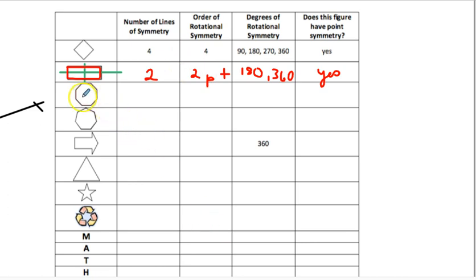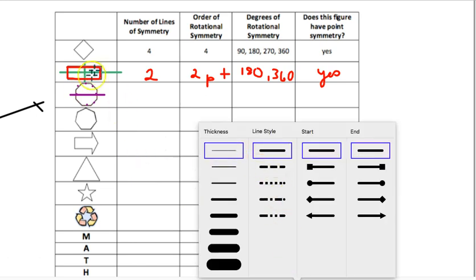Now, when I'm looking at this shape, this is a 1, 2, 3, 4, 5, 6, 7, 8. This is an octagon. So when I start looking at my octagon, I would say 1. And then we're also going to have a line of symmetry over here. I'm going to use my line tool instead because this is going to make a mess. Okay, here we go.